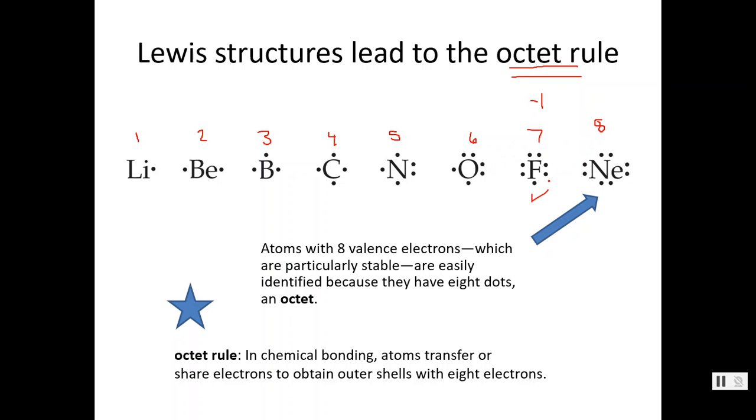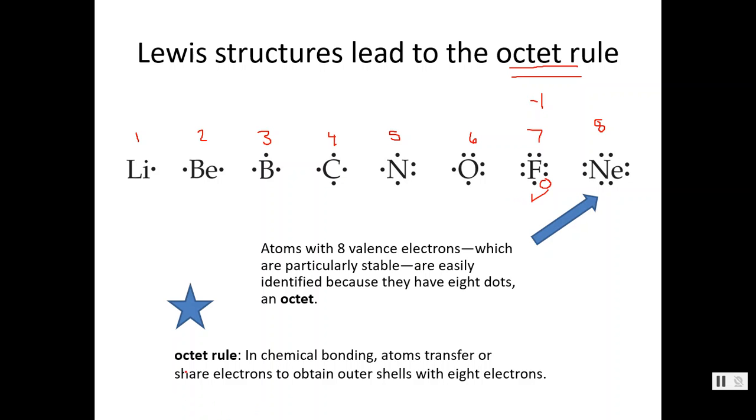Now hopefully you can see why: if that fluorine or chlorine or bromine, that element in group 7, gains an electron, how many valence electrons will it have? It will then have 8 and satisfy the Octet Rule. So the Octet Rule is what is used to predict charges of elements in ionic compounds.